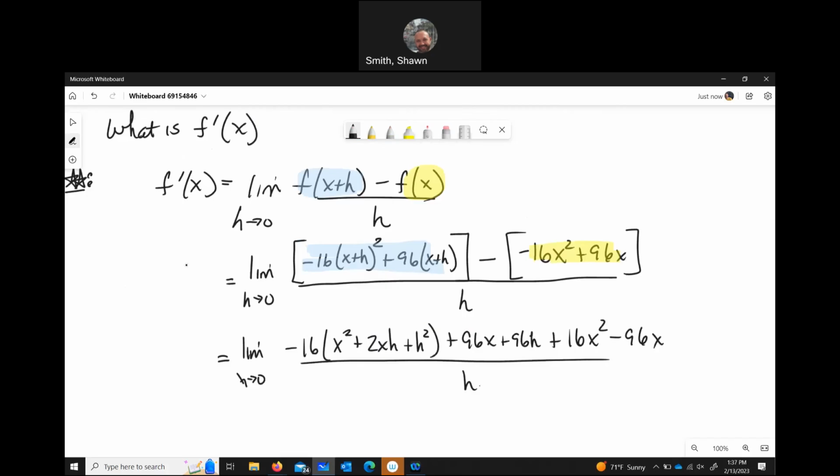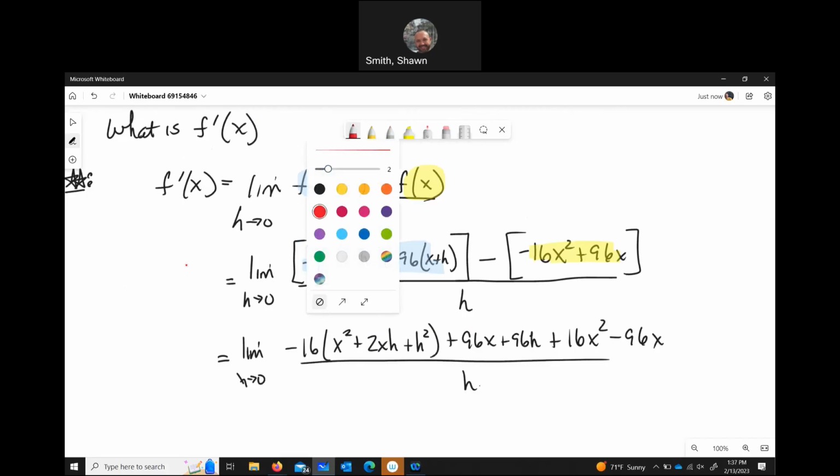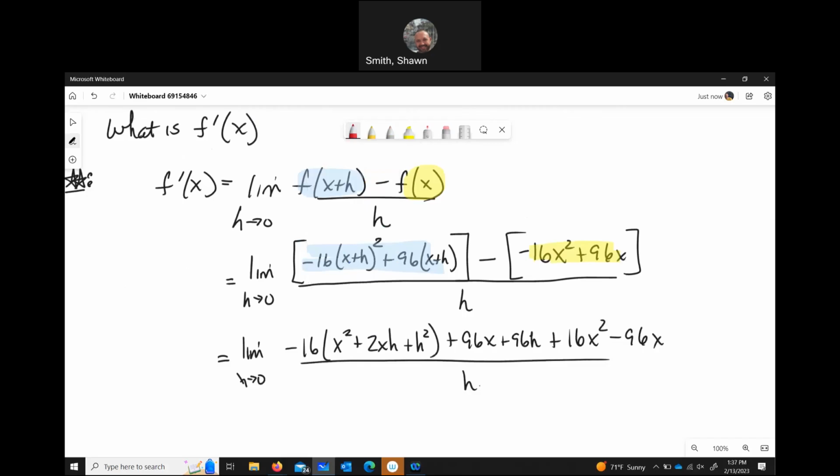The part that you're subtracting off, f of x, right here usually always disappears. So you'll see all those terms should cancel out. We've got a positive 96x, negative 96x. Once I distribute this across, negative 16x squared, positive 16x squared, that'll go away. Let's just write that out.